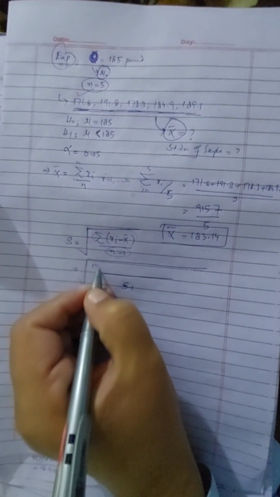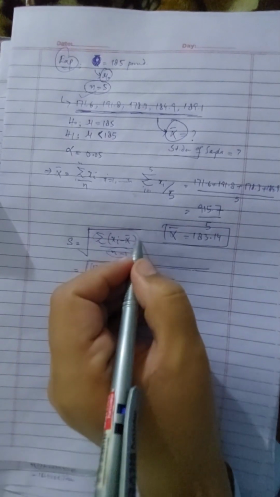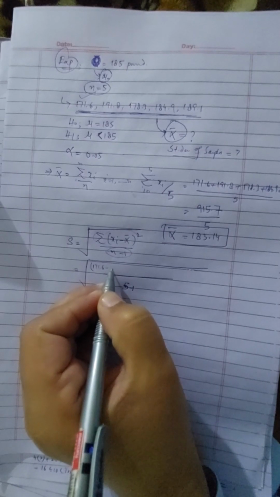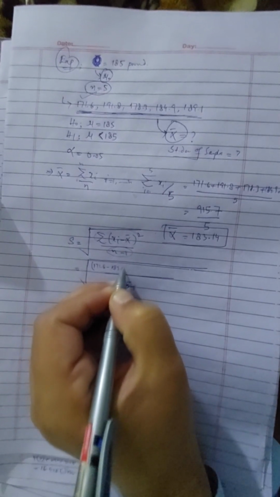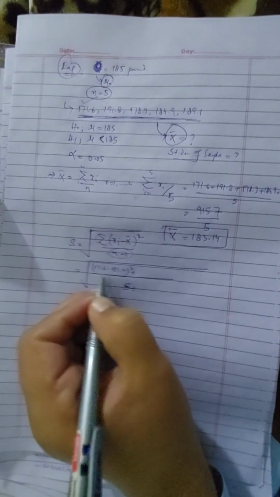So the first xi is 171.6 minus 183.14, and taking the square of it.